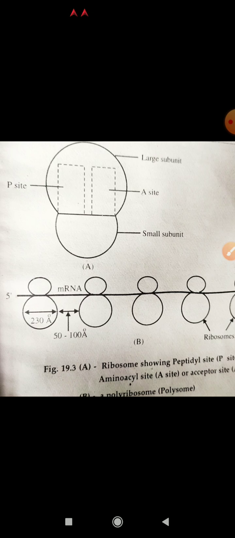Thus, the process in which genetic information contained in mRNA directs the sequence of specific amino acids during protein synthesis is called translation.